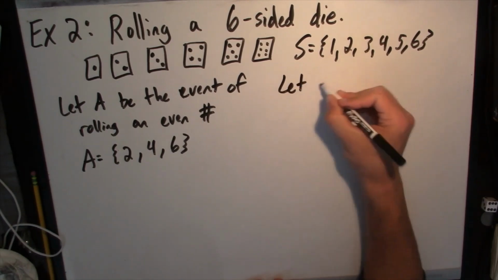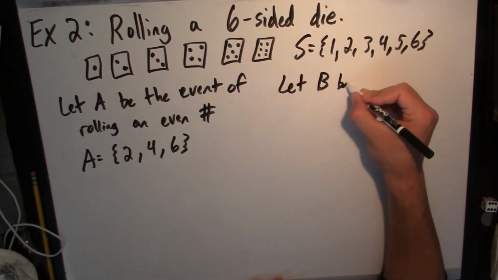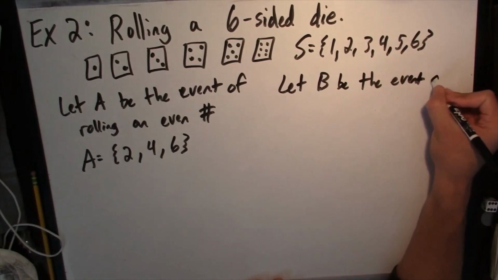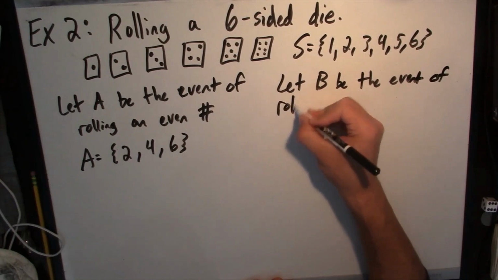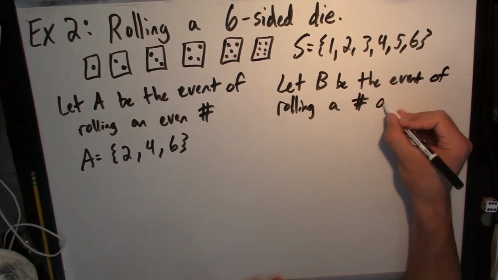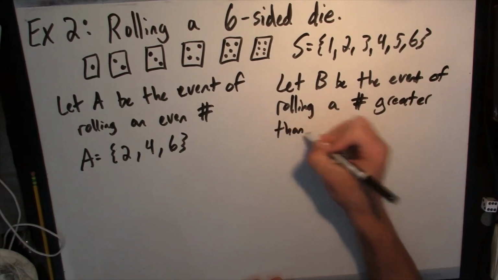Okay. Then I'm going to let B be the event of rolling a number greater than 3.